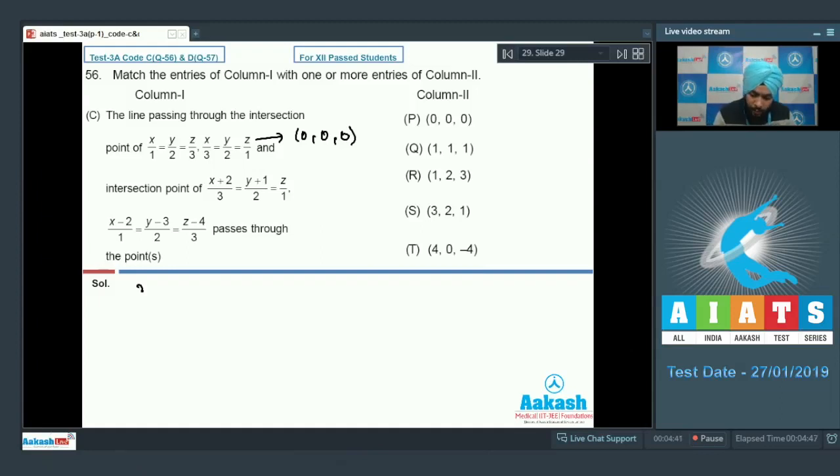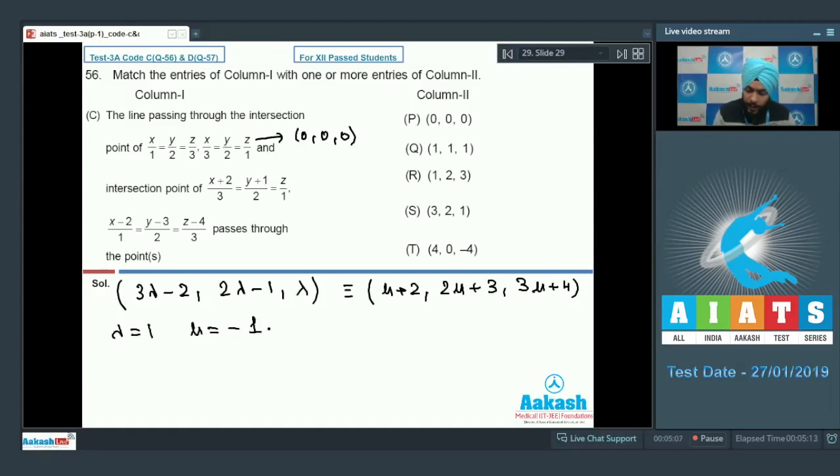So that means 3 lambda minus 2, 2 lambda minus 1, lambda is equivalent to mu plus 2, 2 mu plus 3 and 3 mu plus 4. From here you will get lambda equals 1, mu equals minus 1 and the point of intersection, let us say point Q is 1 comma 1 comma 1.